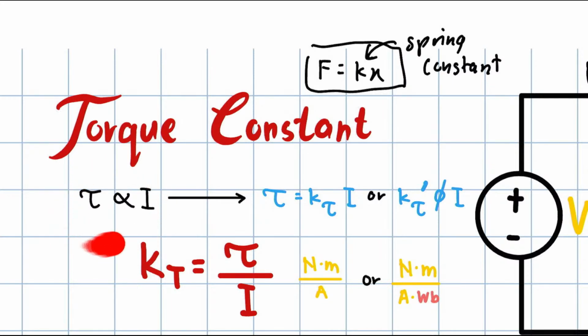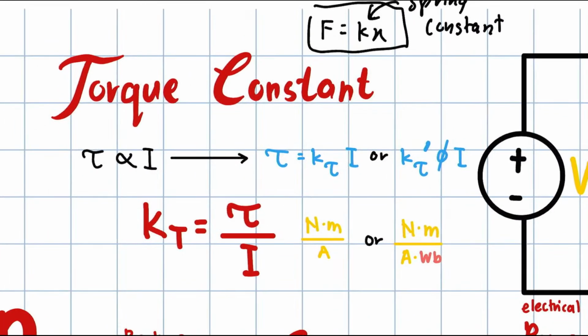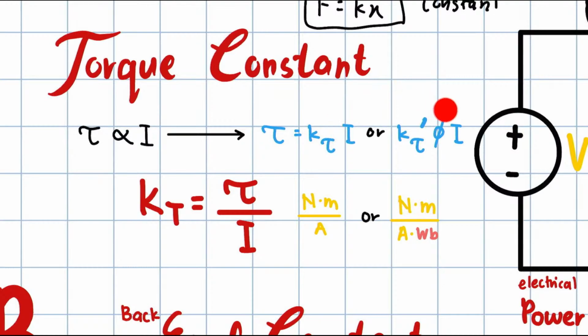So the relationship between torque and current is a constant, which is denoted as kt. kt is the torque constant. This kt is denoted as torque over current. We need to memorize the units, because usually they give you the units in Newton meter per ampere.